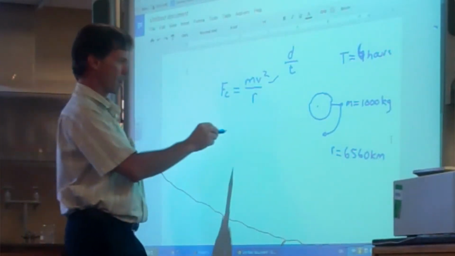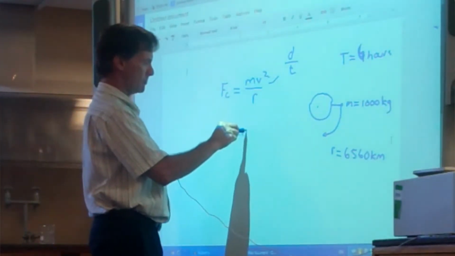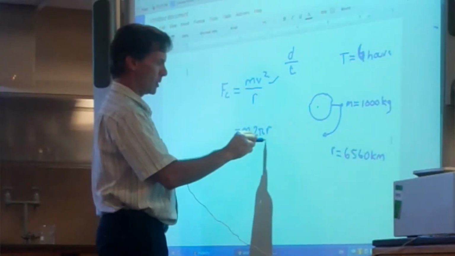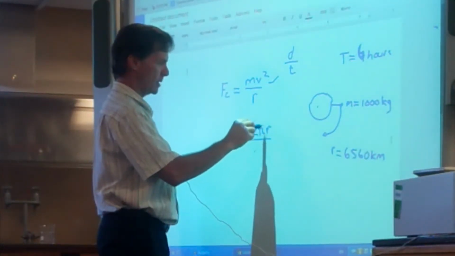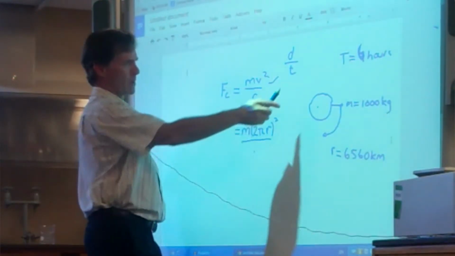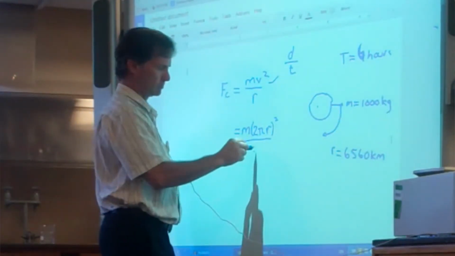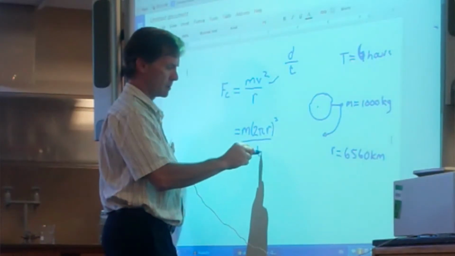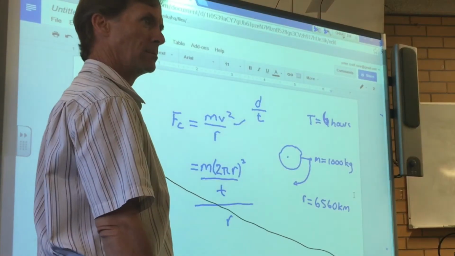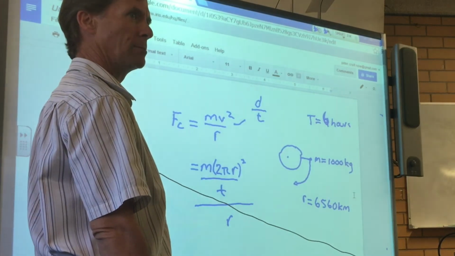Yep. So now what we get is F equals m times (2 pi r over the time) all squared, and that's all over the radius. Does that make sense to everyone?